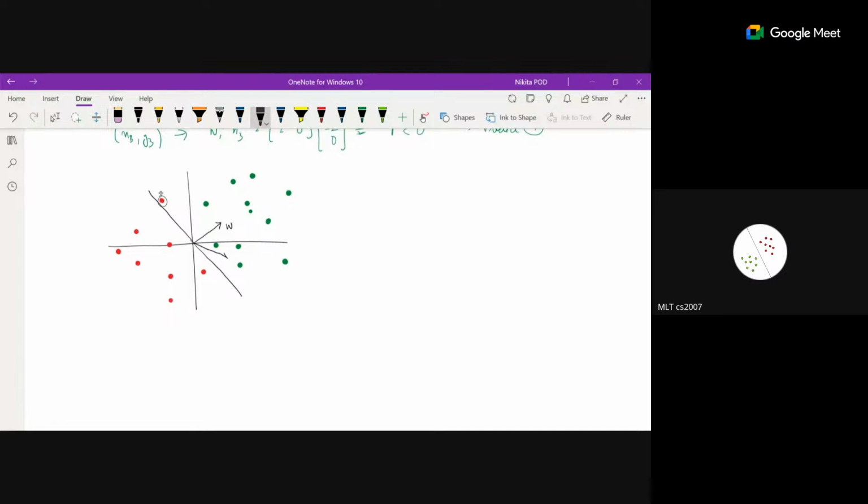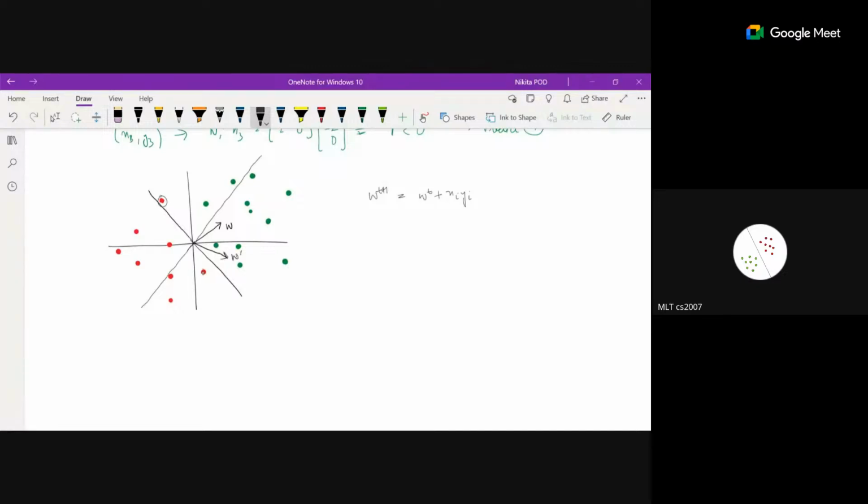Now to correct this, I use the update rule, which is W(t+1) = W(t) + xi yi, right? So I get, let's say, another W, which is this one. Just for example, let's say this is my W dash. For this W, if I draw this hyperplane, earlier only one of my data points was misclassified.